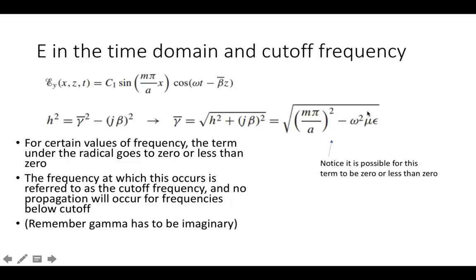If the frequency goes below the cutoff frequency, then gamma becomes real, meaning we don't have propagation, we have attenuation. So at a given mode number, waves may or may not propagate down the waveguide depending on the dimensions of the waveguide, a, and omega, the frequency of the wave.